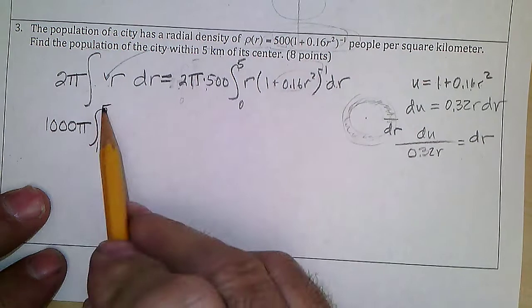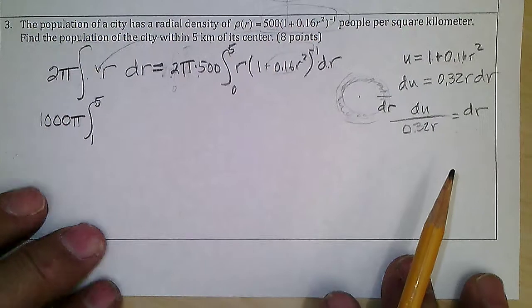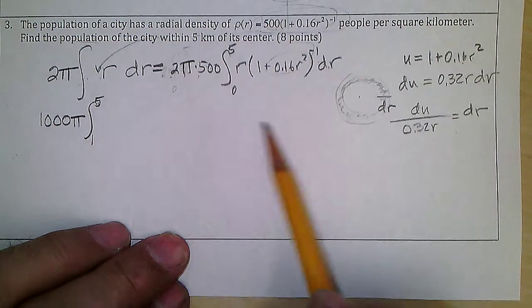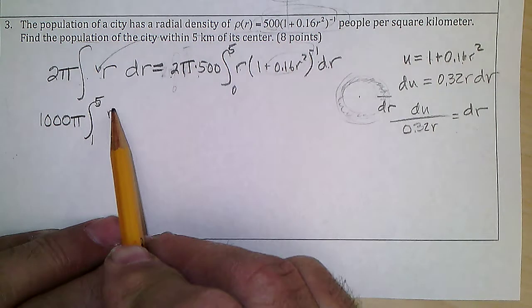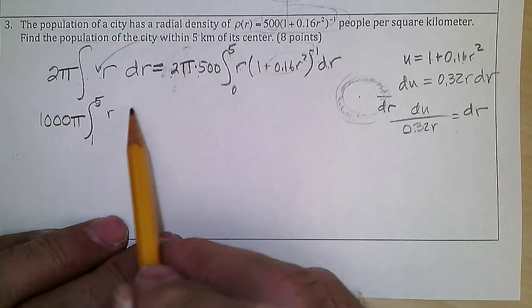It just accidentally happens to be the same top. And then we're going to have r, which we're hoping will disappear here.